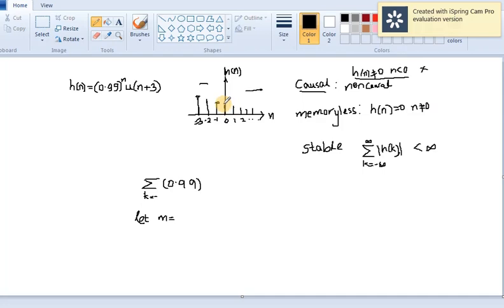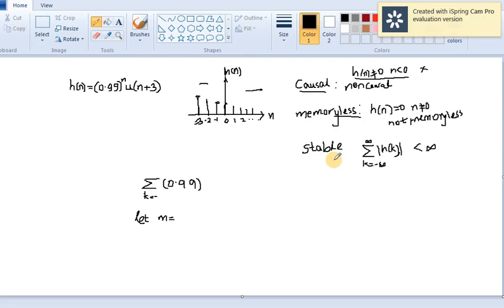So the signal is not just present at the 0th instance. So the conclusion is the system has memory, or it is not memoryless.